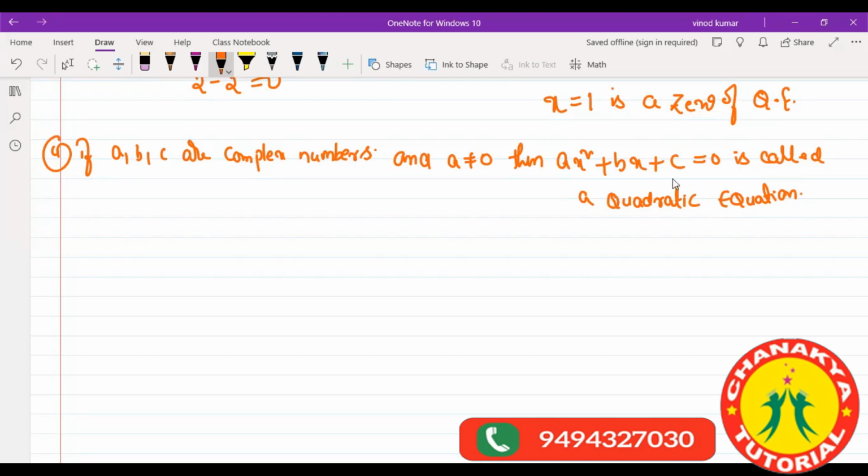Now every quadratic equation also has a solution. That solution is nothing but a root or solution.